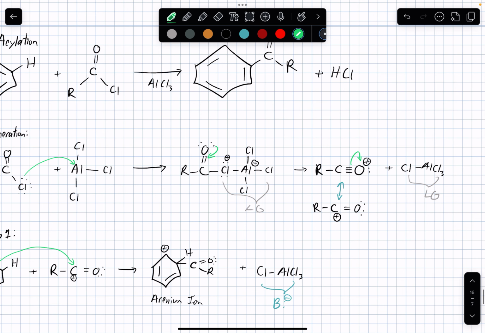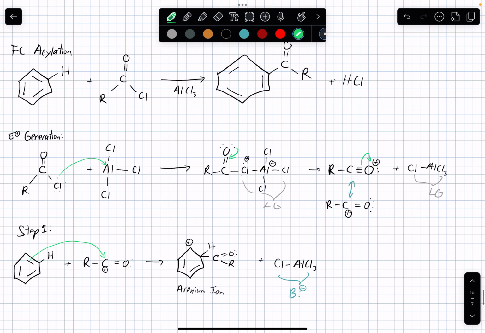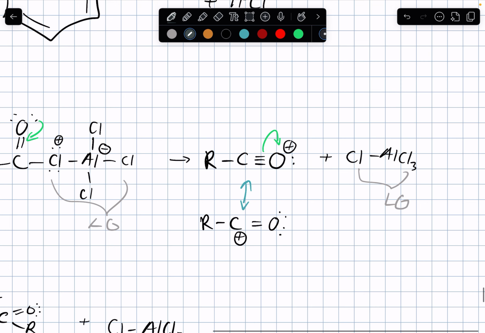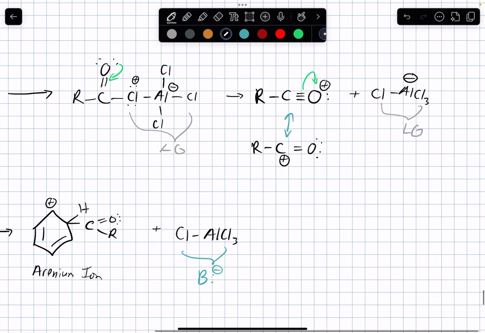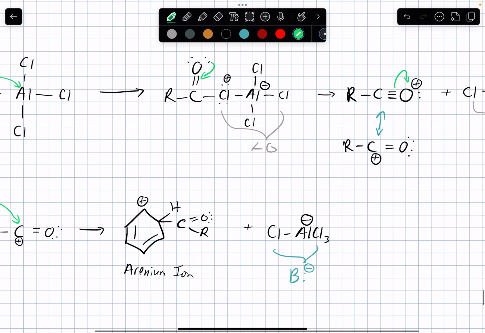For FC acylation, the base is ClAlCl3. Let's check alkylation. It actually is also ClAlCl3. By the way, Al here is minus. Al can only hold 3 connections, so adding another one makes it negative. Makes sense, because the base is always going to be minus.